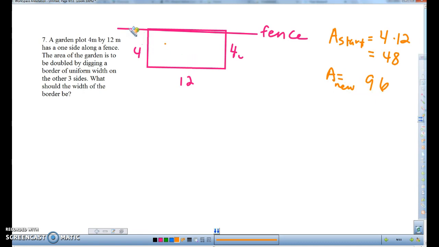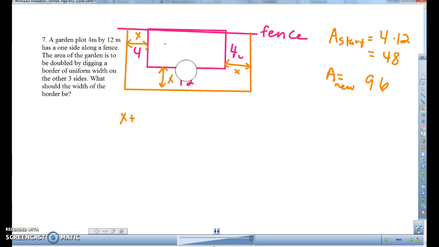So to do that, I'm going to add a uniform border width on all these 3 sides, because I can't add things into the fence. So that means on this side, I'm going to add X. On this side, I'm going to add X. And on this side, I'm going to add X. So to this length, it was 4, and I've now added X. Let me see if I can explain it again.